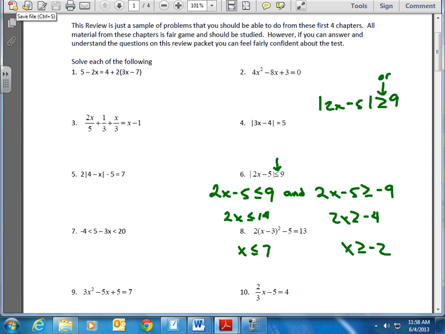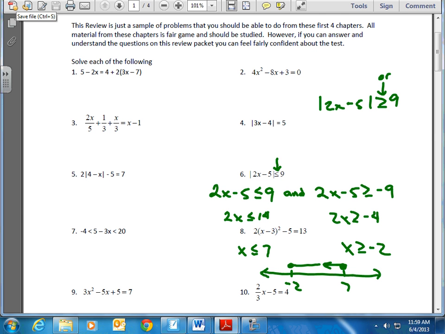Now, remember, it is an and statement. I don't ask you to graph it, but when I graph it, it helps visualize what we're talking about and the difference between the and the or. Here's what it says. I want all x values that are less than or equal to 7, and at the same time, greater than or equal to a negative 2. I want all x values that make both of these sentences true.